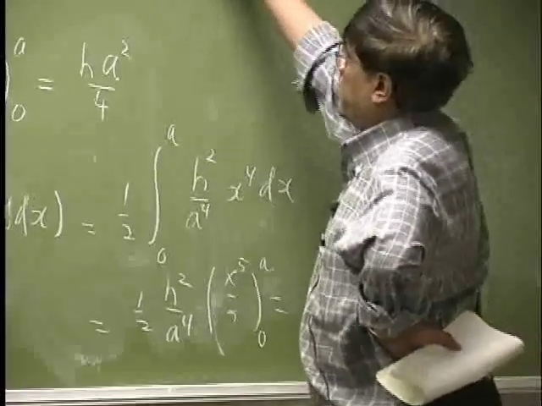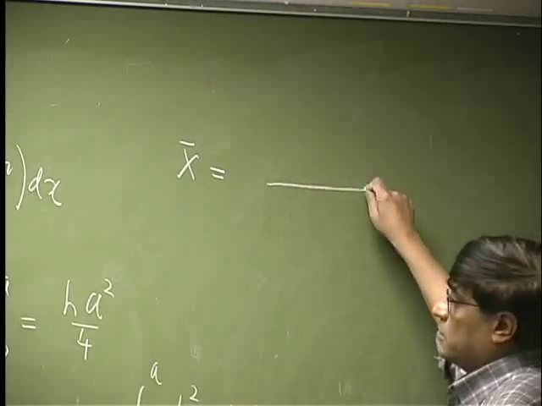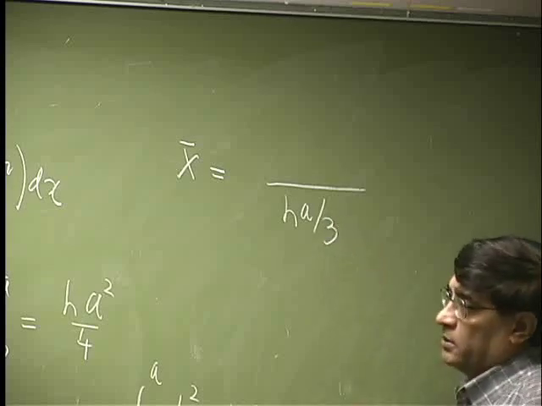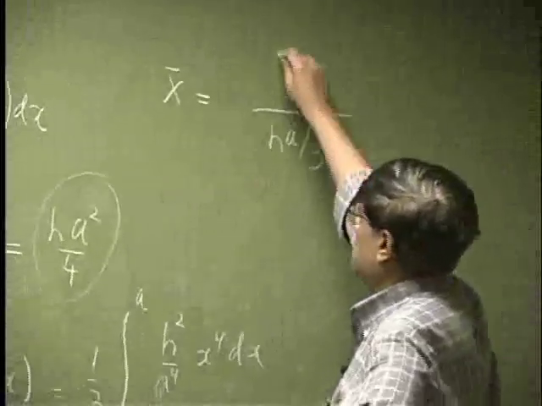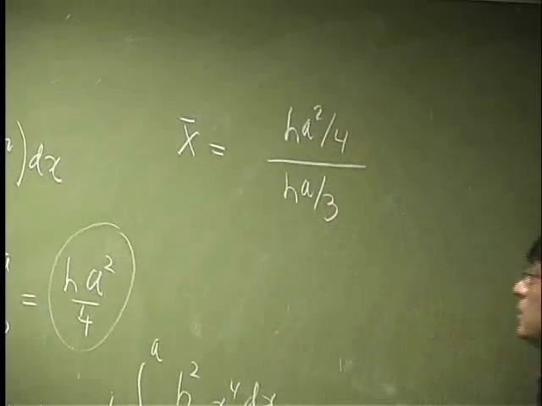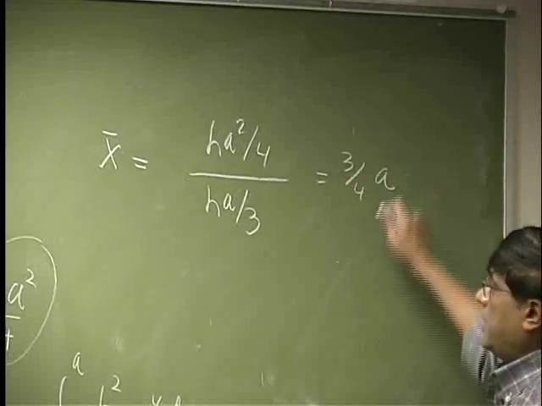So now we can find the x bar for the entire area. So you go here, you have h a over 3. That's from here, and then we have this, so you go h a squared over 4, and that should give you 3/4 a.